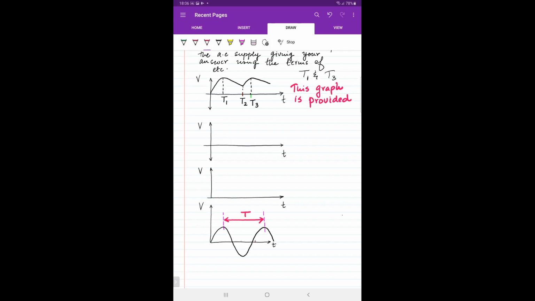Unfortunately, this graph is not given to us.